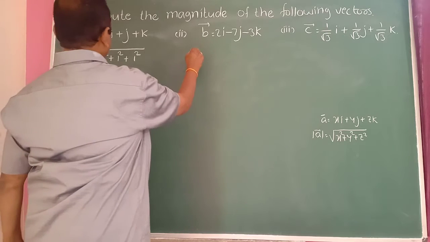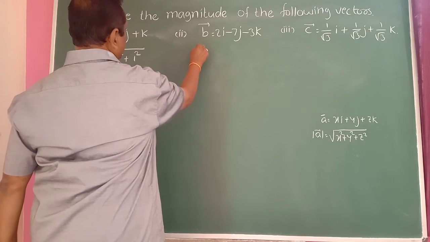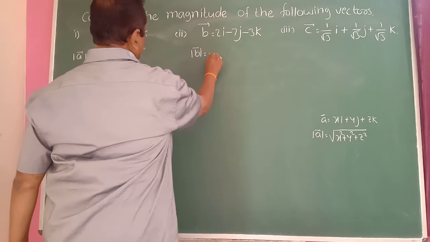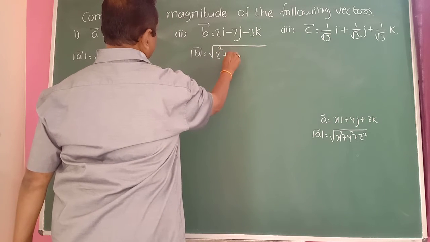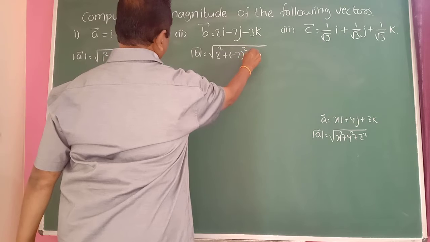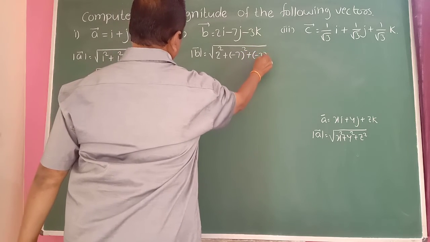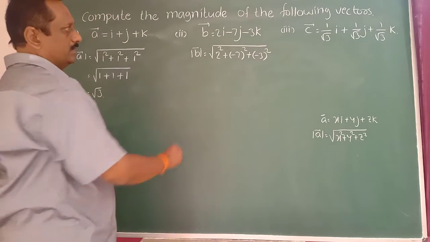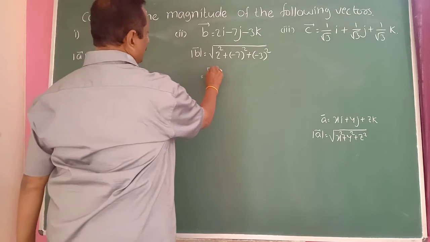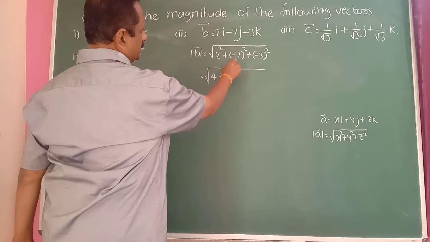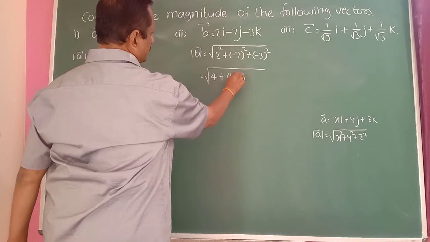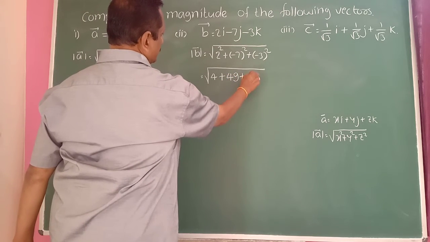So the magnitude of the second vector, modulus of v1, is equal to root of 2 square plus minus 7 square plus minus 3 square. Therefore this is equal to root of 2 square is 4, plus 7 square is 49, plus 3 square is 9.